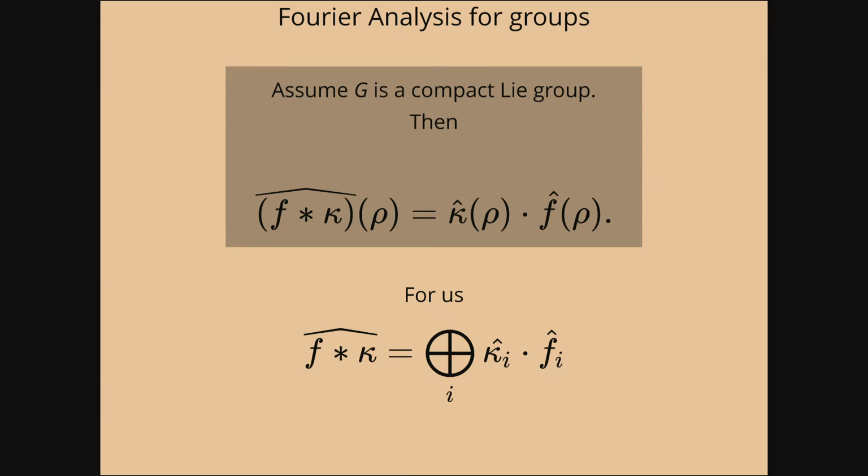And there is also, for the Fourier transformation of a group, a very nice theorem that says that when you take the convolution of functions and take the Fourier transform of it, it will just be the product of the Fourier transforms of each function.